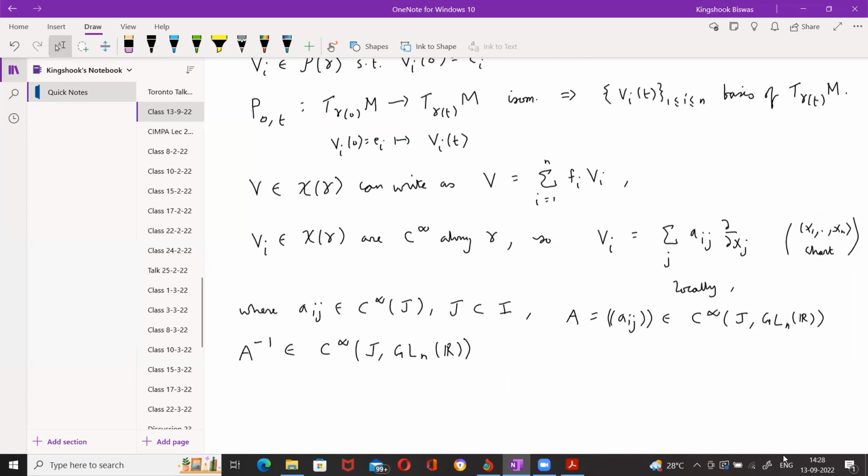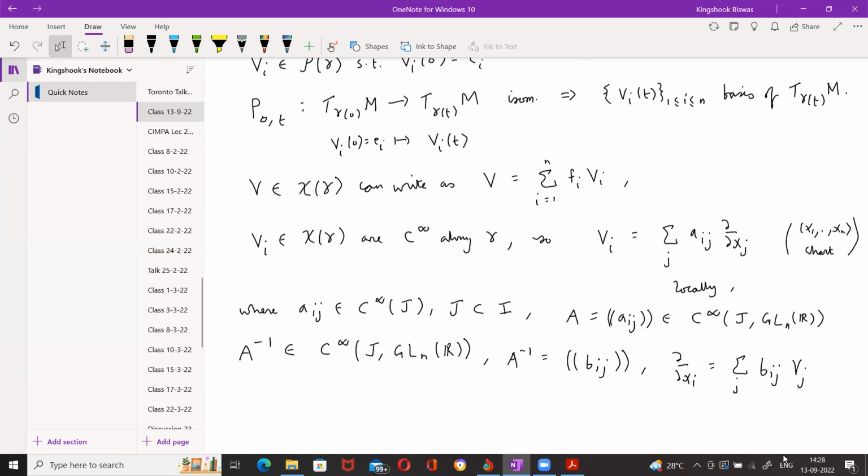And using the inverse matrix, I can write the del x_j's in terms of the V_i's. So if A inverse is equal to some b_ij, then you can write del x_i as the sum over j of b_ij V_j. So the del x_i's are smooth linear combinations of the V_j's.